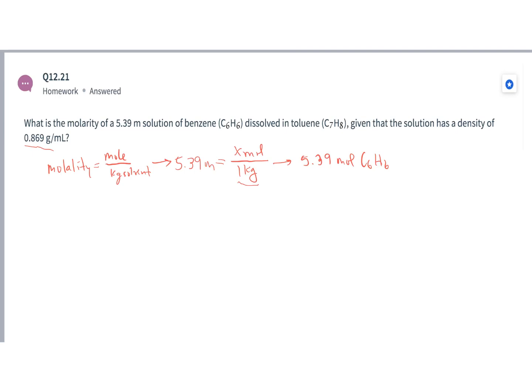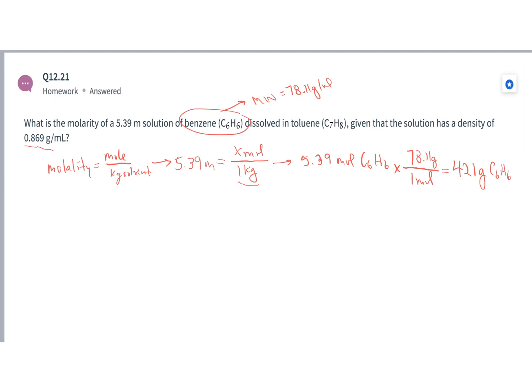So if I have 5.39 moles of benzene, benzene has a molecular weight of 78.11 grams per mole. So I would have 78.11 grams of benzene for every mole. So I've got approximately 421 grams of benzene.